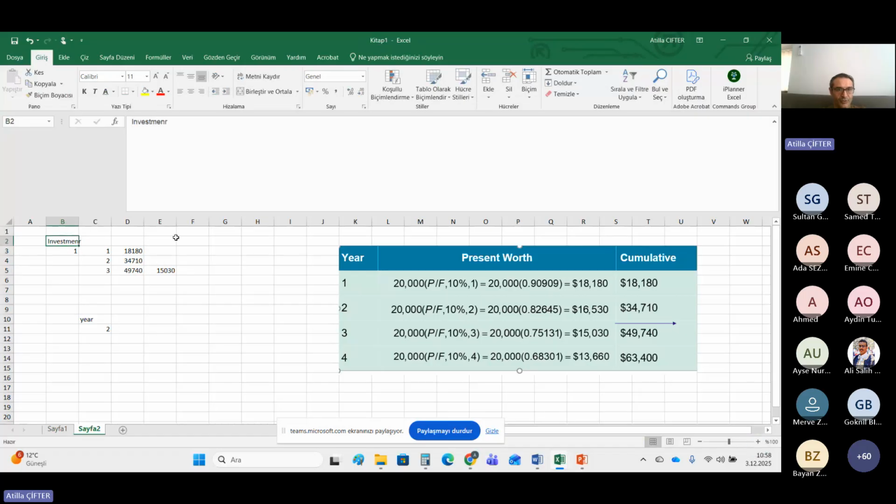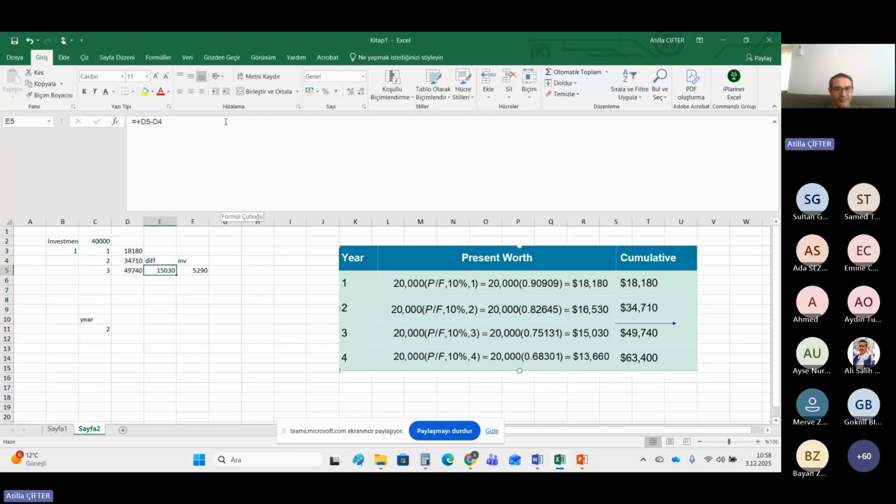Okay. Your investment is $40,000. So the investment difference is equal to $40,000 minus this value.